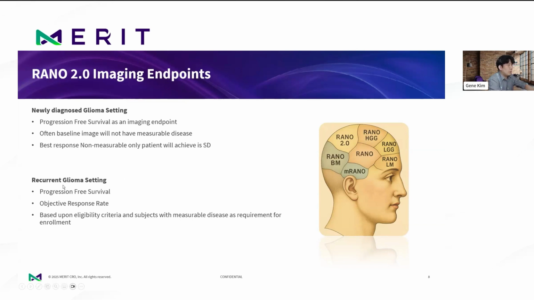So in this case, progression-free survival would be an imaging endpoint to be used for newly diagnosed settings. For recurrent glioma settings, either progression-free survival or the objective response rate can be considered based upon the eligibility criteria. That is more of a scenario where a patient who was newly diagnosed and on a treatment has a new measurable lesion that is appearing or progressing, which requires leaving the other trial or the current standard of care and being considered for a new treatment of recurrent glioma in clinical trials.